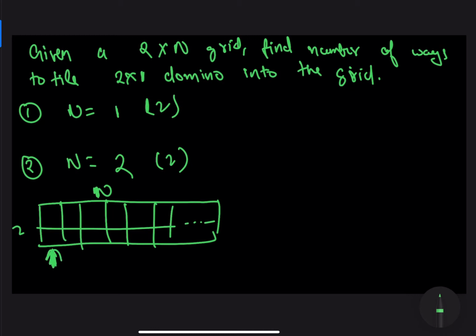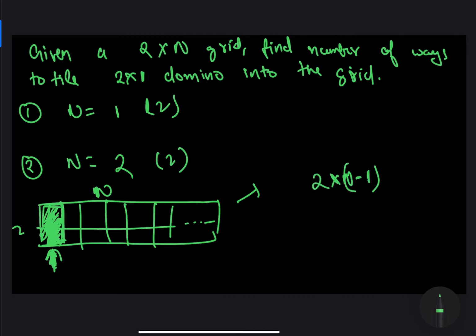There are only two different ways I can tile this first position. The first way is that I can choose a vertical domino to tile this position. In that case I would have to tile the remaining 2 cross n minus 1 grid.